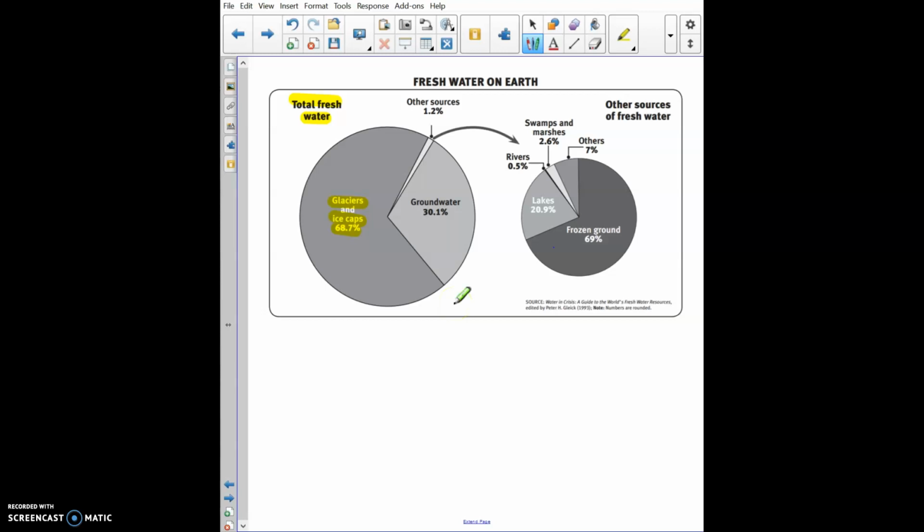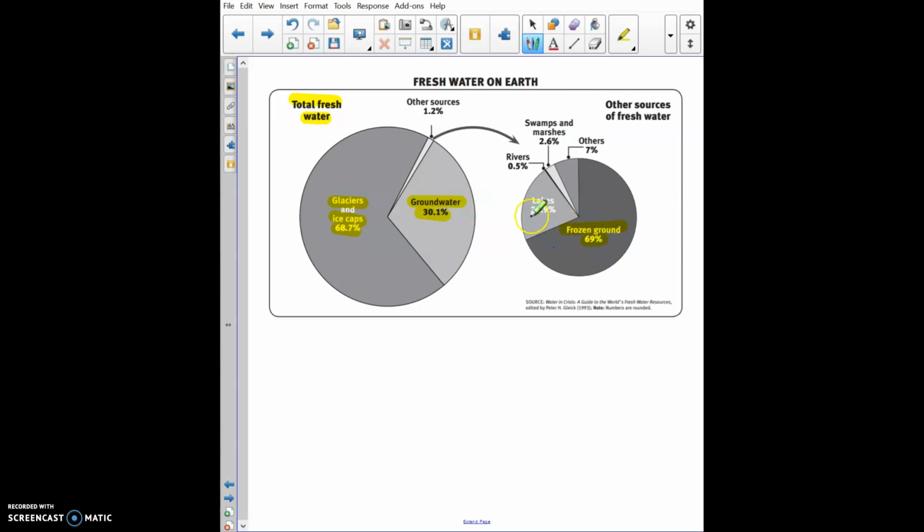I can also tell if there's more water found in groundwater or in frozen ground. I see groundwater labeled here as 30.1%. Frozen ground is located over here on this pie chart, and that's 69%.